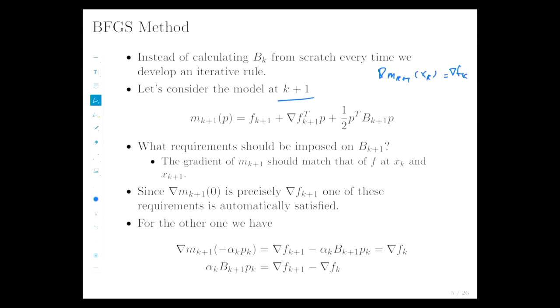What does that translate into for p? I know xk plus 1 is xk plus alpha k pk, right?